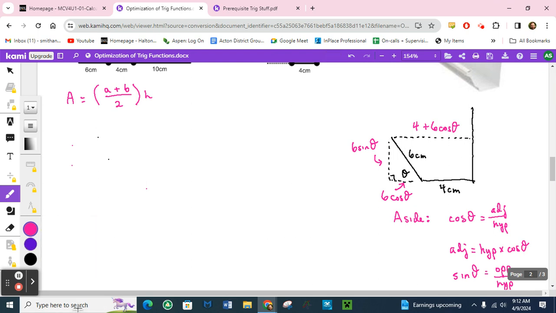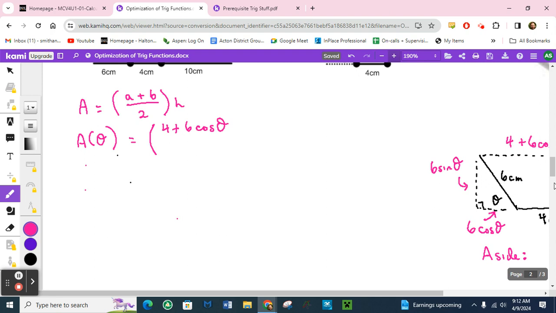We have enough to get an area function in terms of just the angle theta. Here's what it looks like. Let's use A as the top side. The top side was 4 plus 6 times the cosine of theta. And I think I can afford to zoom in a little bit now. The bottom side of that trapezoid is 4. All divided by 2.